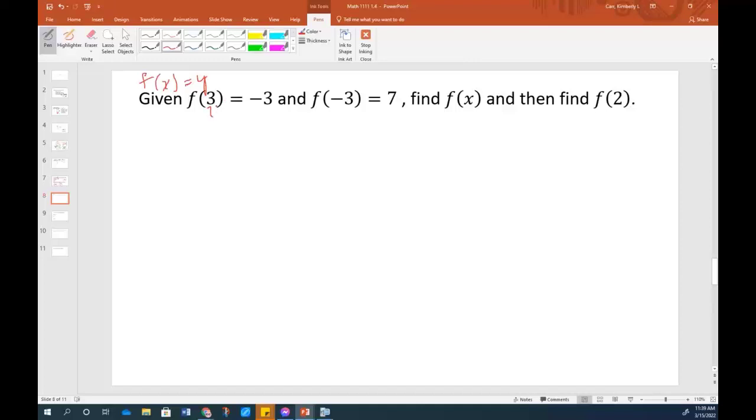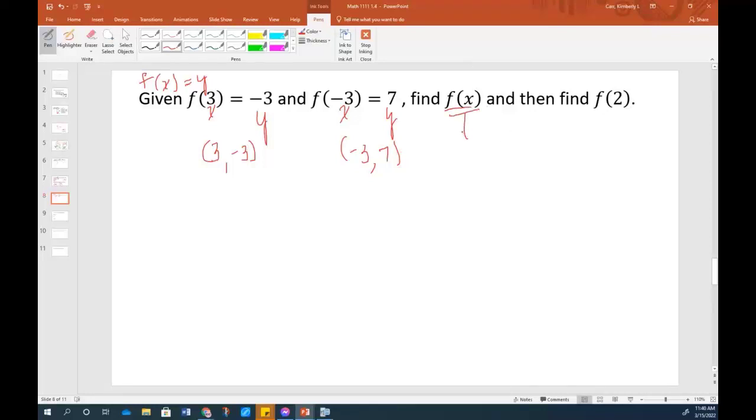So if you look at that, this 3 that's in the parentheses is an x value, and the negative 3 out here is a y value. I should not have put that negative there, but that's a y value. So I actually have a point 3, negative 3. Similarly, on this next one, negative 3 is an x value, and 7 is a y value. So I have another point, negative 3, 7.